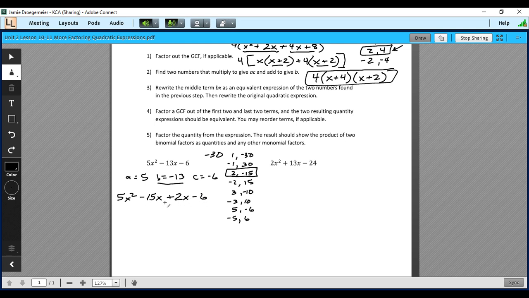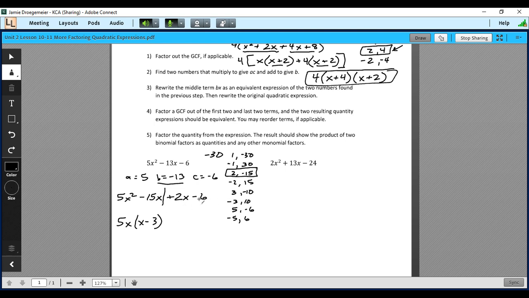All right, and so now we're going to factor the first pair here, 5x squared minus 15x. Well, I can factor a 5 and an x out of each of those terms. So 5x would multiply by x to give me 5x squared, and by negative 3 to give me that negative 15x.